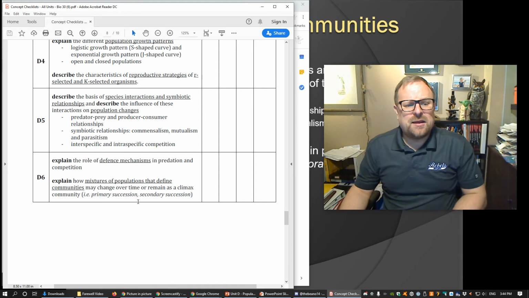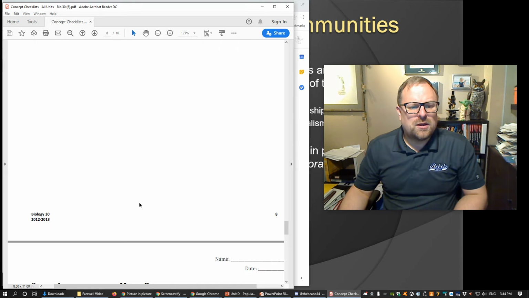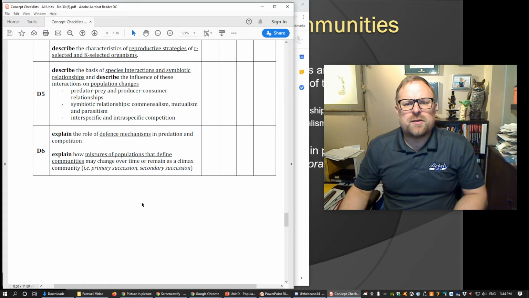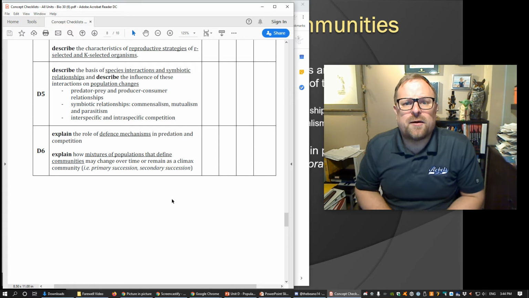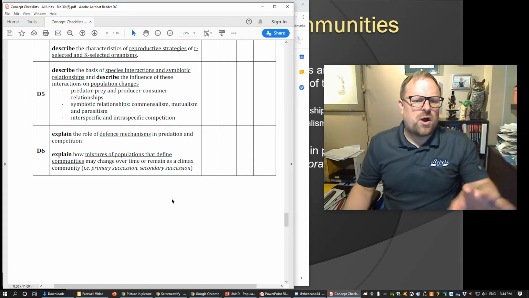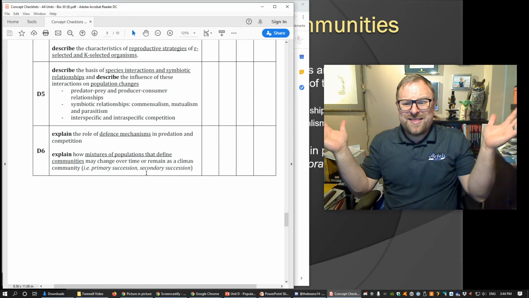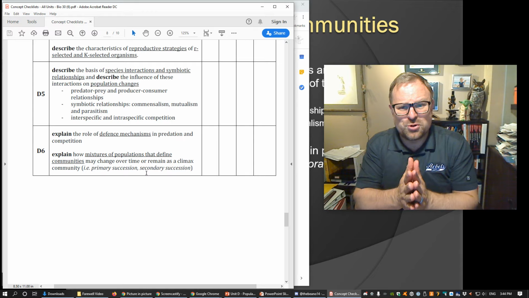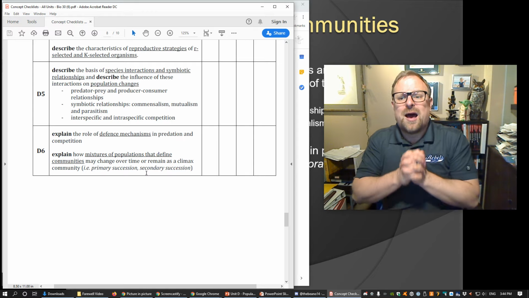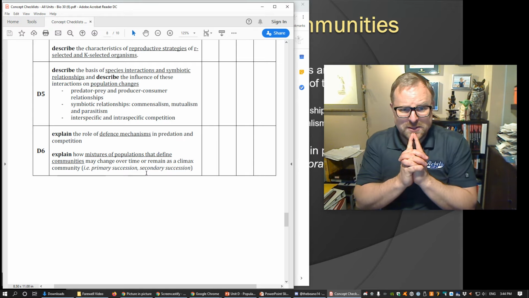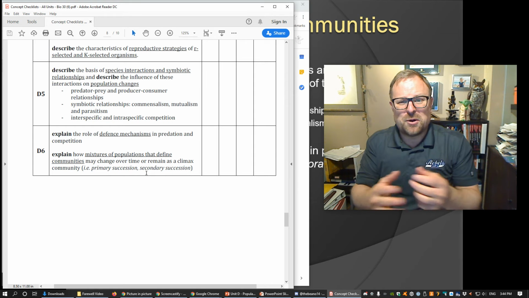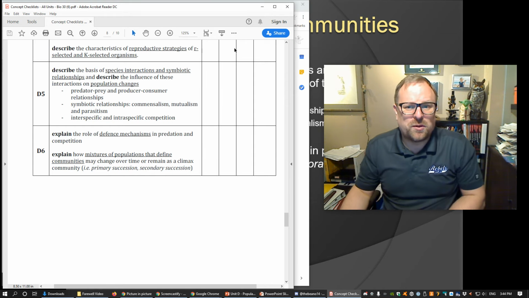And then we're going to finally, lastly, talk about succession, and that'll be the last concept that we have for the year. So we'll talk about defense mechanisms and predation, and then we'll also talk about succession, and then that'll be it. And succession is super short, super easy to get. I think you guys will find these 2 concepts fun. I love talking about them because there's a lot of cool things we can talk about with them.